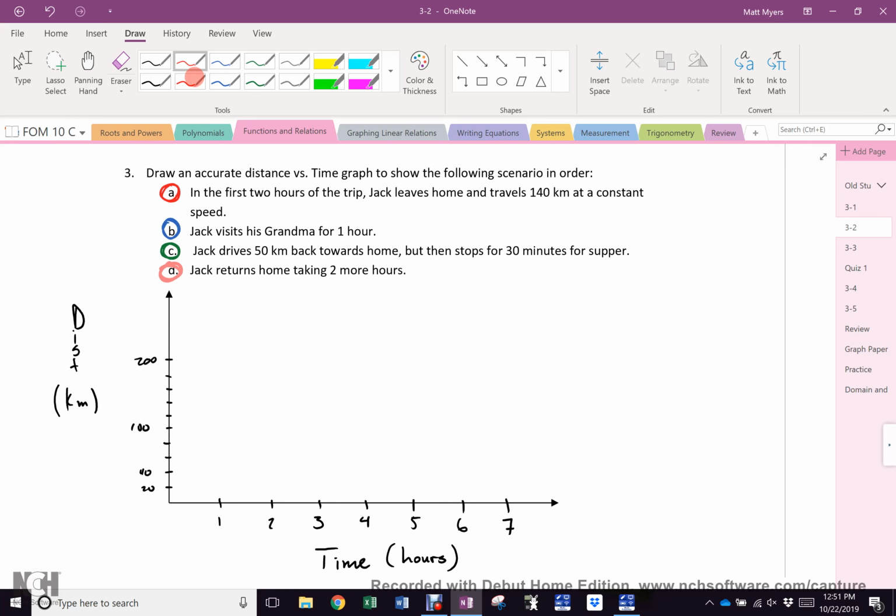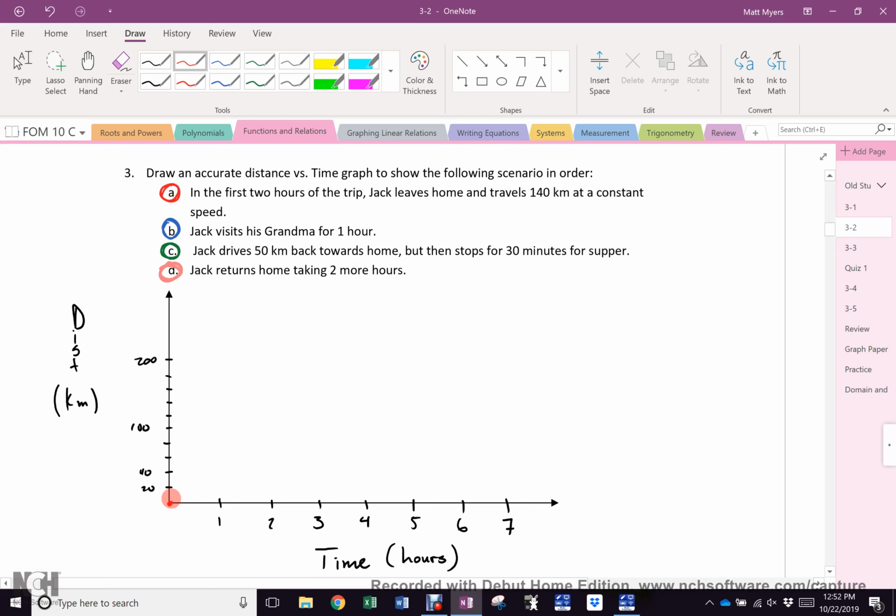All right. So most of you are puzzling over C and D now, yes? All right, well, let's talk about the first one, which I'm drawing in red. First 2 hours of his trip. So his trip starts at what time? 0.